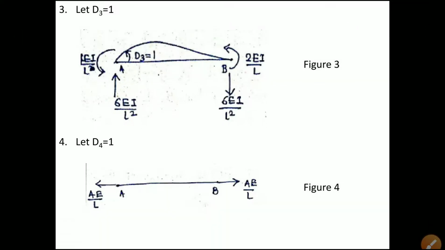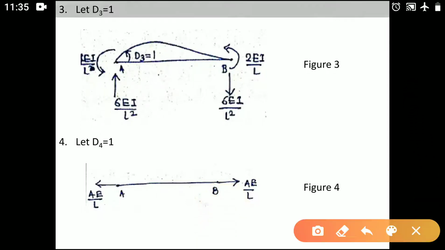In the third step, let us give unit rotation at node A, that is D3 equal to 1. D3 is rotation at node A, in anti-clockwise direction, the positive direction. So rotate this end A in anti-clockwise direction by 1 unit.